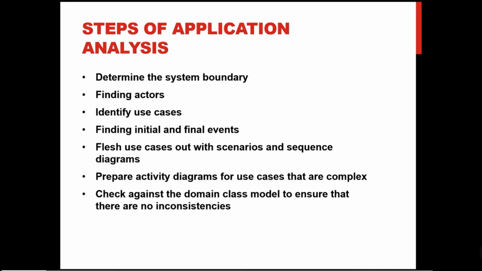At first, we should determine the system boundary, and then we should find actors, identify use cases, and find some initial and final events, and flesh use cases out with scenario and sequence diagrams. Prepare activity diagrams for use cases that are complex and check against the domain class model to ensure that there are no inconsistencies.